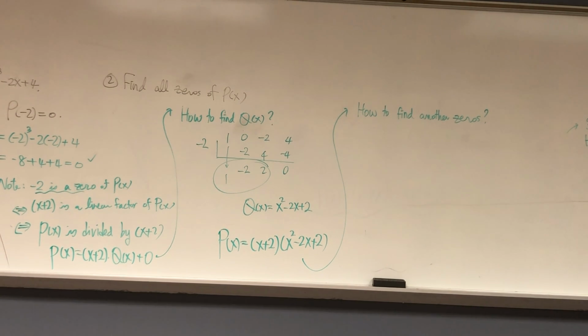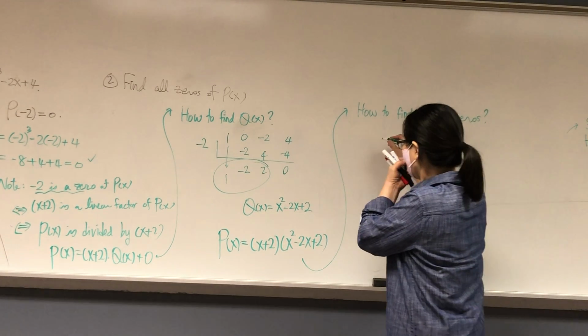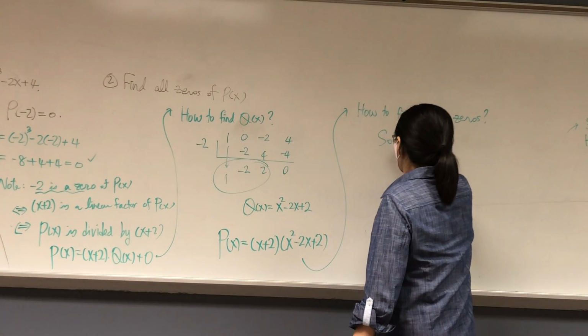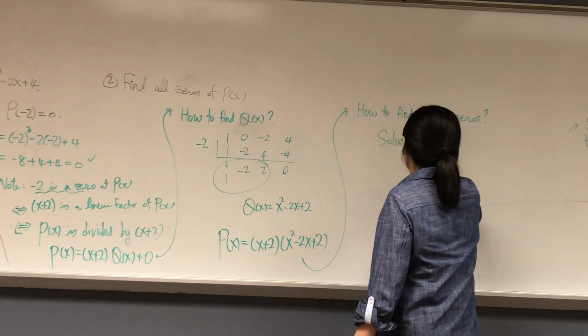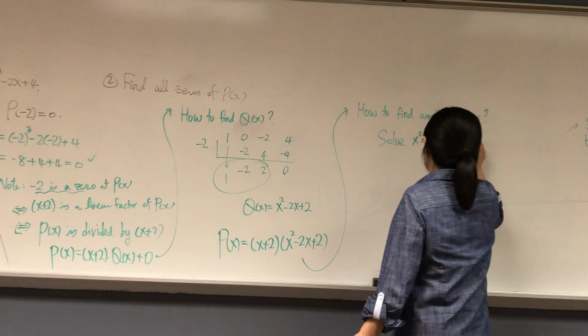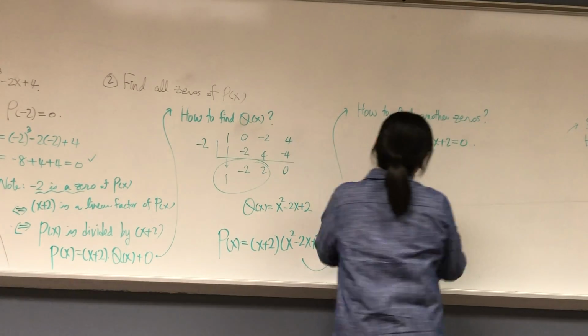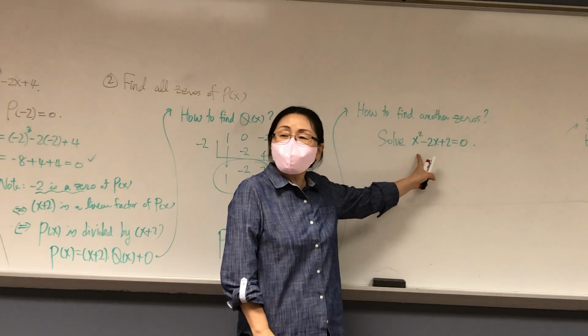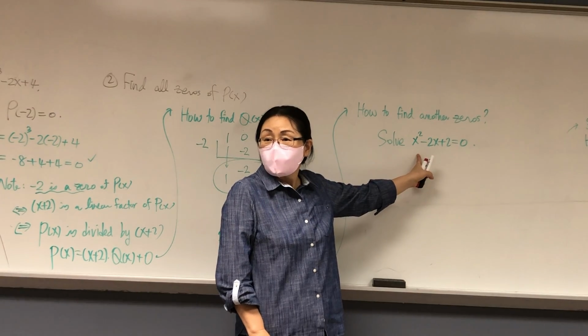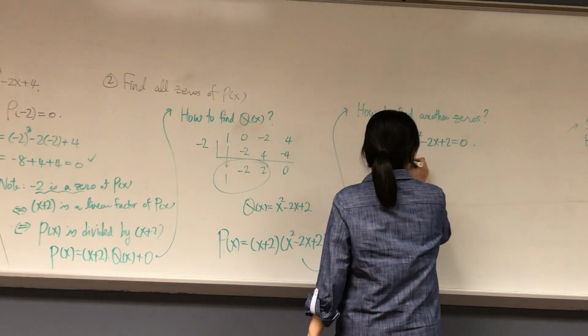Good job! We already did this in class today several times, right? And find the solution. Solution is zeros, isn't it? Unfortunately, this one is not factorable. So what do you need to use to figure out the solution?